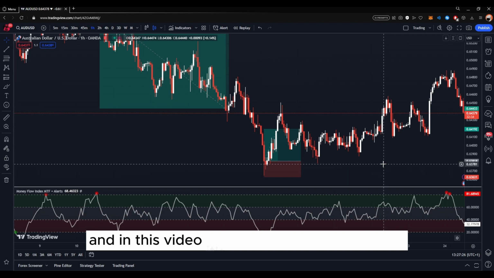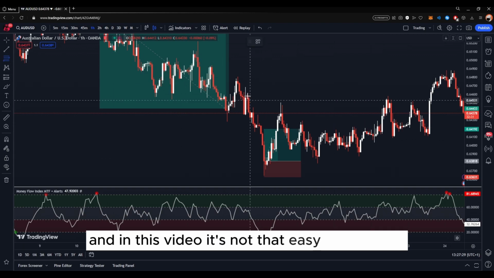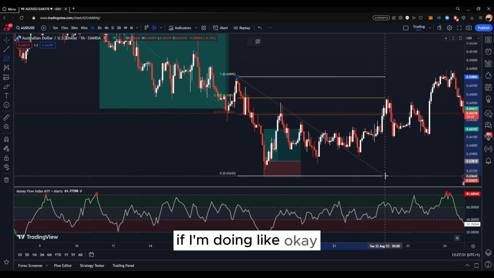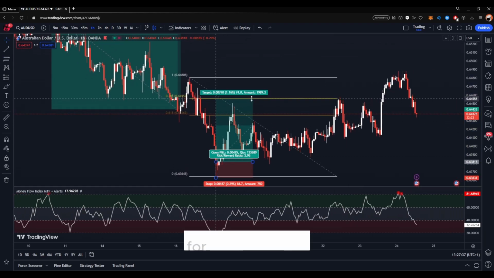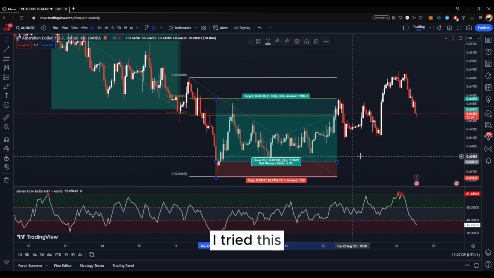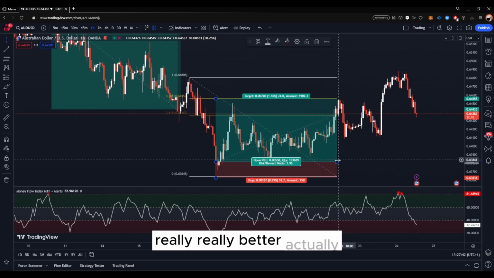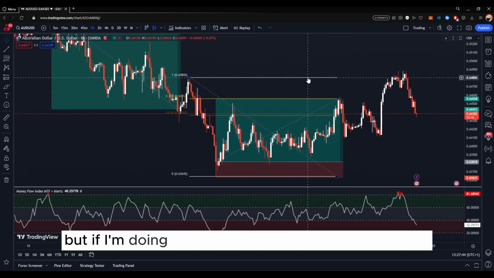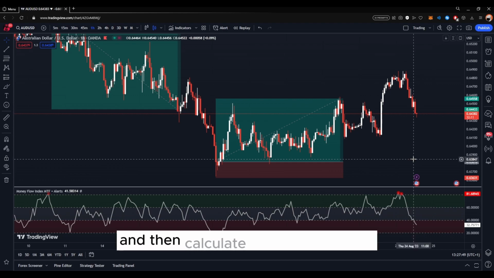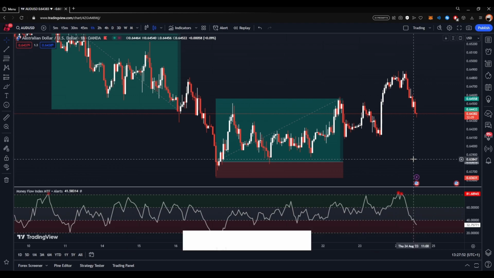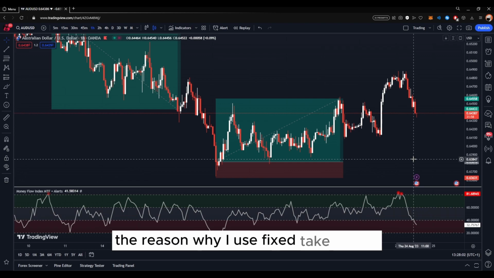In this video it's not that easy to calculate if I'm doing, for example, let's target the golden pocket. I trade this much better actually, but if I'm doing this every single time with 100 trades and then calculating, the numbers themselves would not be that simple and clear to show you. That's basically the reason why I use fixed take profits.